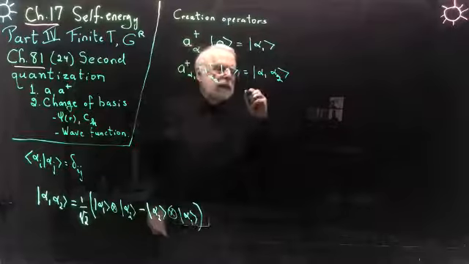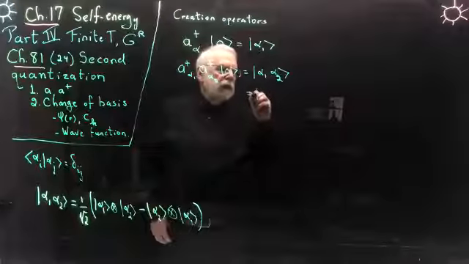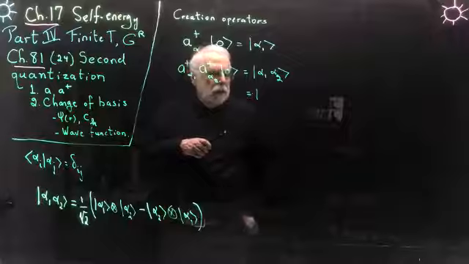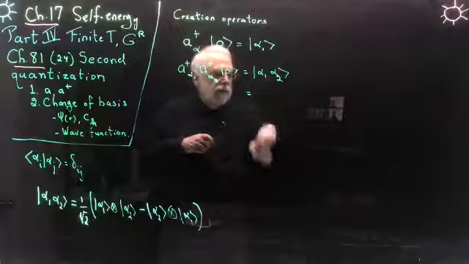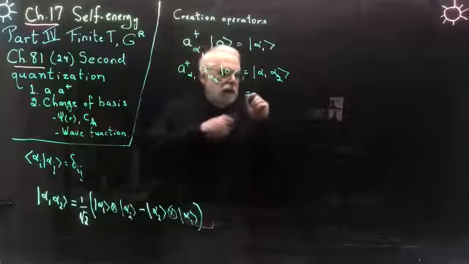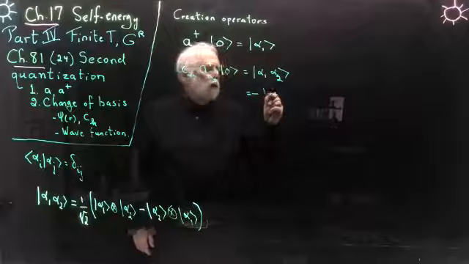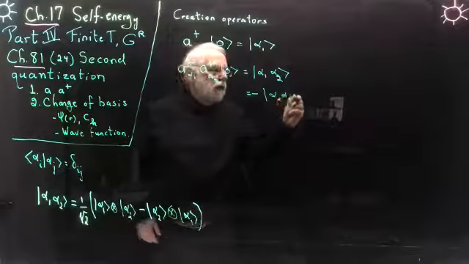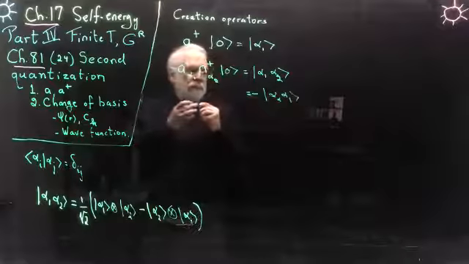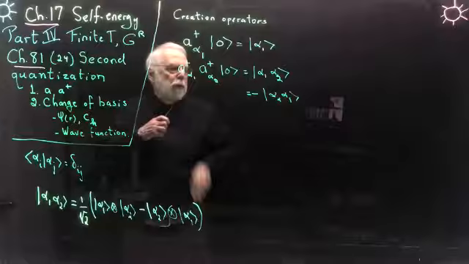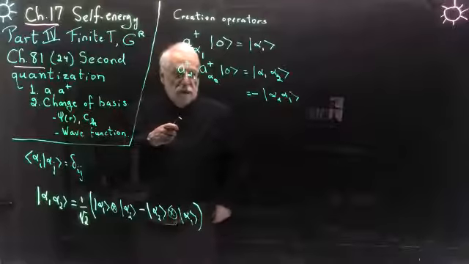Because this has the property that it's equal to minus alpha 2, alpha 1, it means that these operators anti-commute.